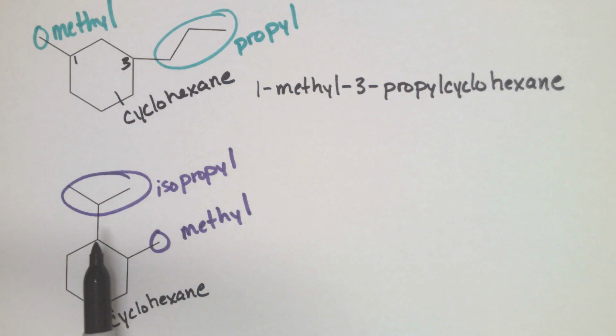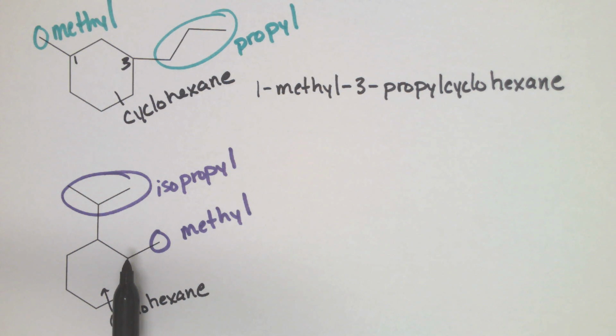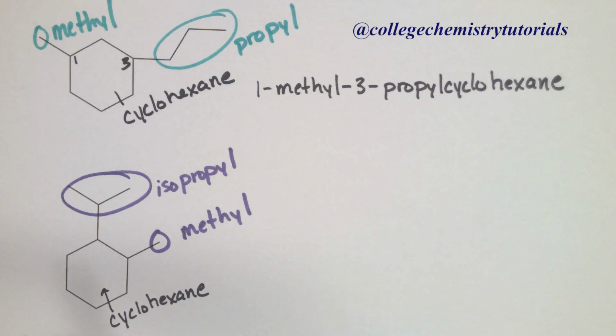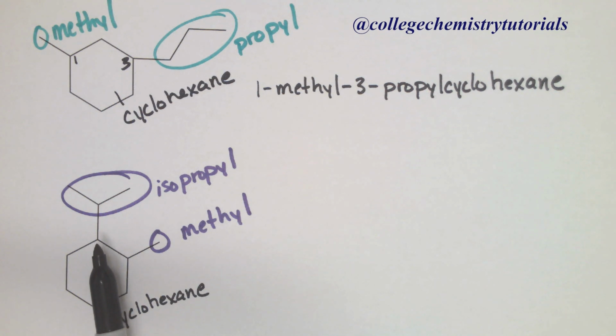If I start with the isopropyl, clearly I'll number counting clockwise. So this will be carbon 1 and this will be carbon 2. This will give me the lowest possible locants on the ring. However, if I start with the methyl group as carbon 1 and count counterclockwise, this would give my second substituent at carbon 2.